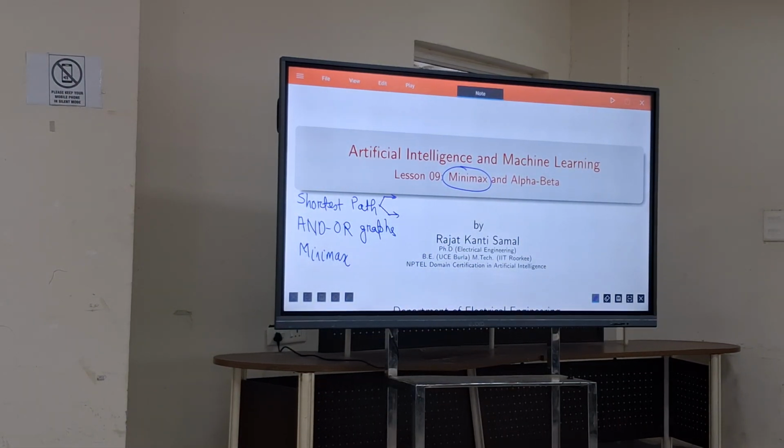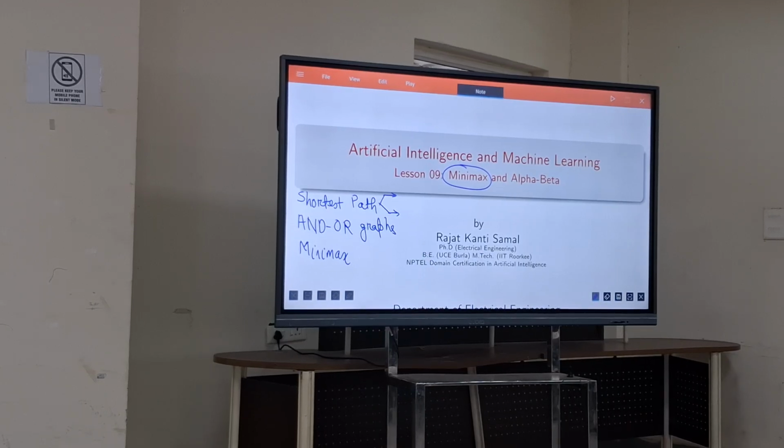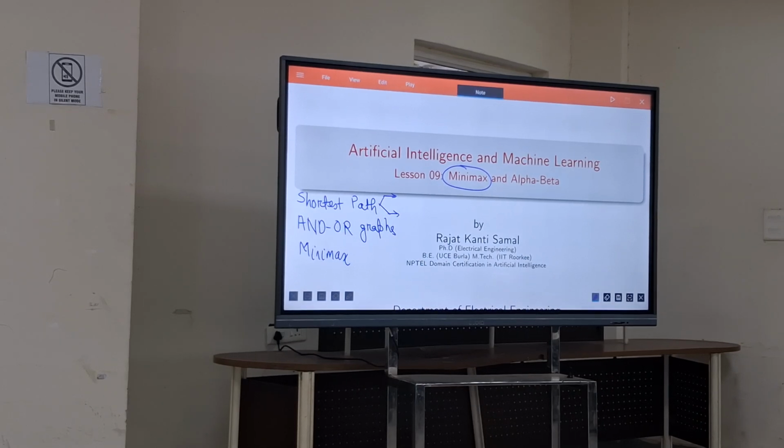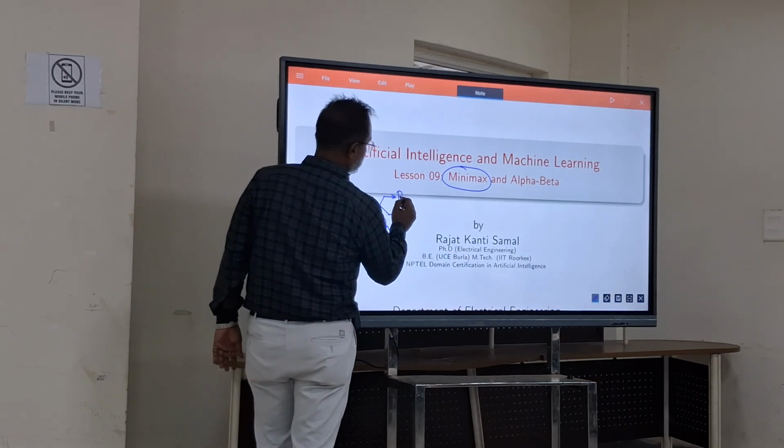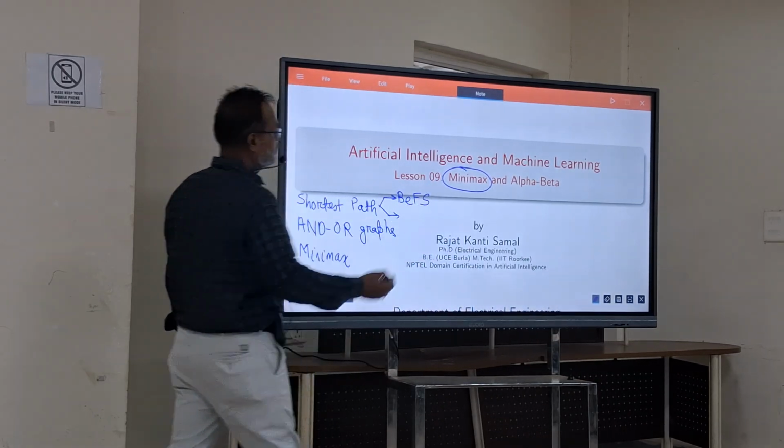This week is only informed search, not uninformed search. So what are the two informed search algorithms we have seen for the shortest path problem? The first one is best first search, BFS.